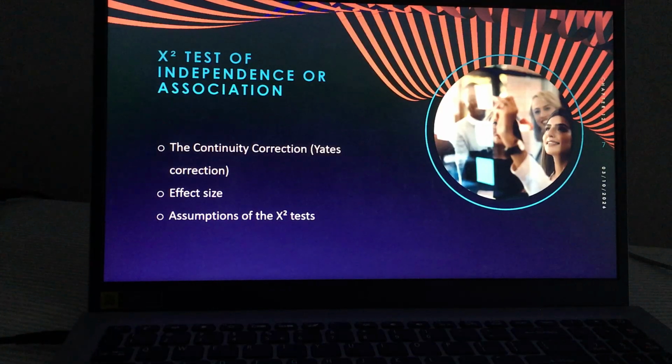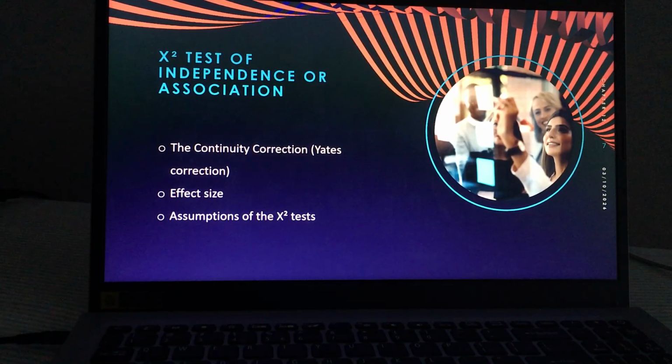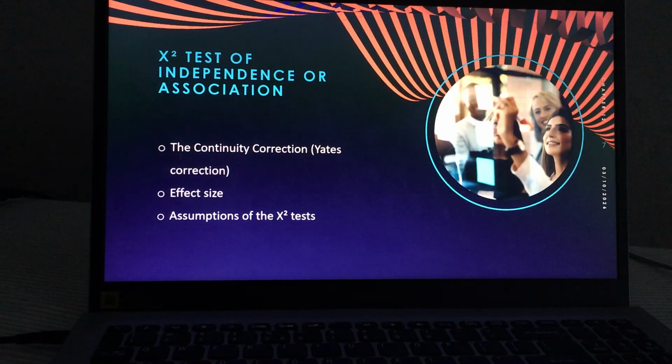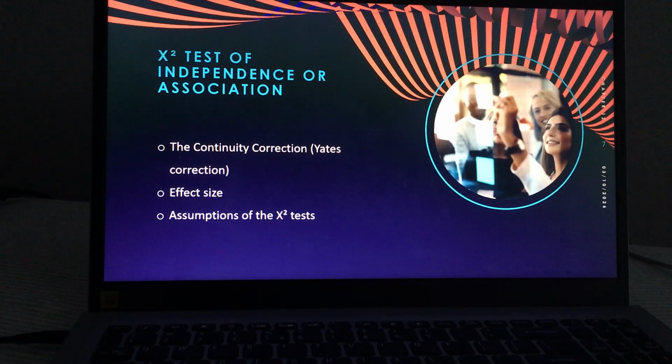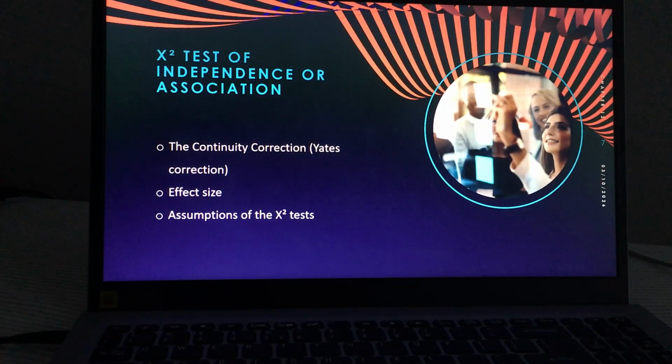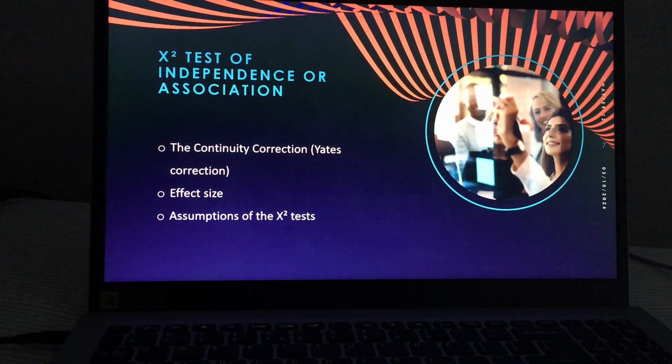The main reason is that the true sampling distribution for the chi-squared statistic is actually a discrete variable, right? Because you're dealing with categorical data. But the chi-squared distribution is continuous, okay?